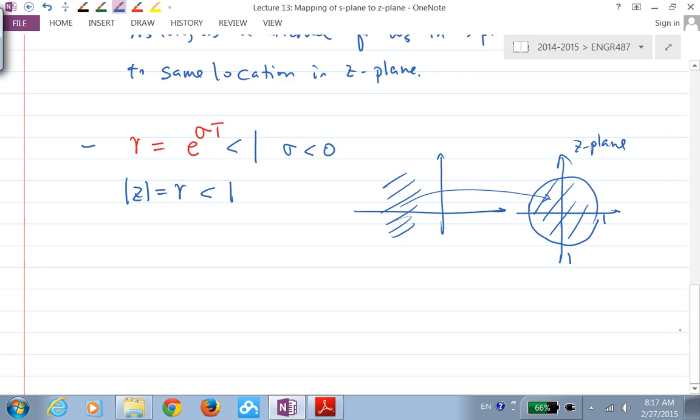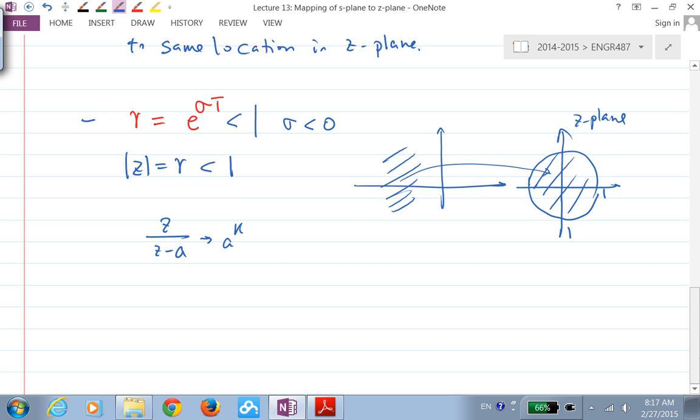We have already observed that in the Z plane, when you have z over z minus a, as long as the absolute value of a is within the unit circle, this is a stable response that decays to 0.